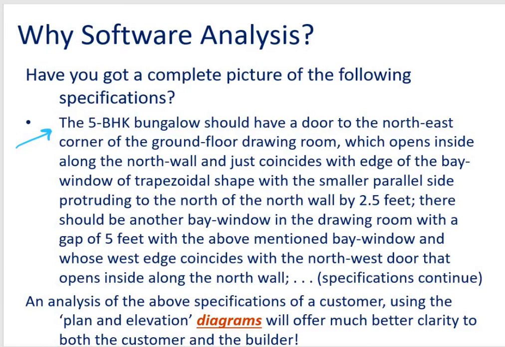There should be another bay window in the drawing room with a gap of 5 feet with the above mentioned bay window and whose west edge coincides with the northwest door that opens inside along the north wall, and the specification continues. See, after all these statements, what you are going to visualize? Nothing. Because by the time I have reached here, I have forgot, I am not in a position to recall the specifications which were listed here.